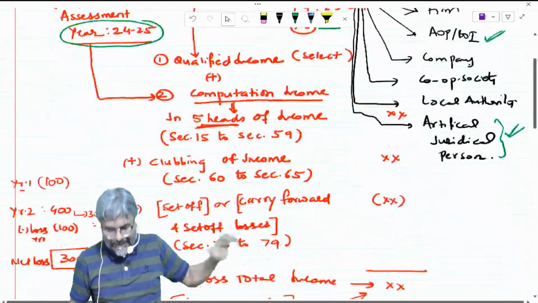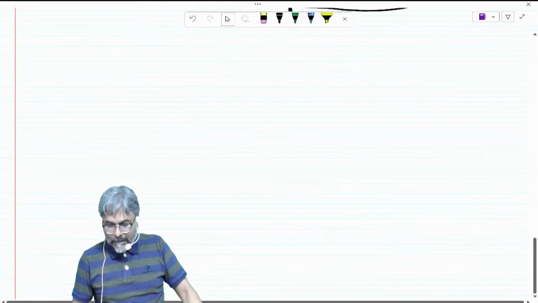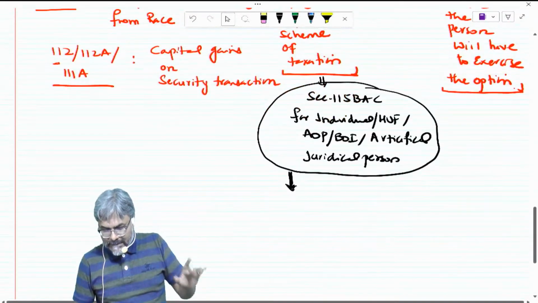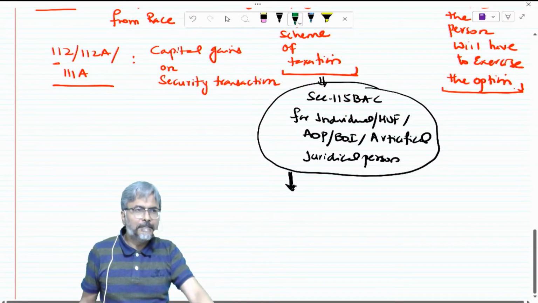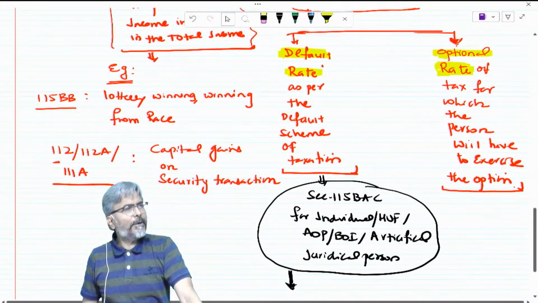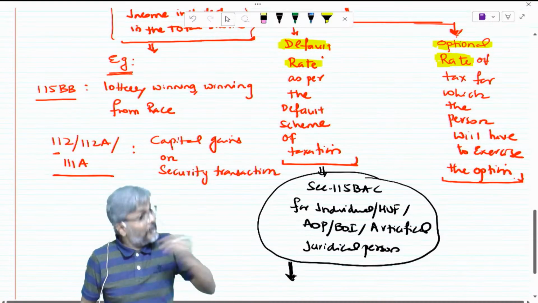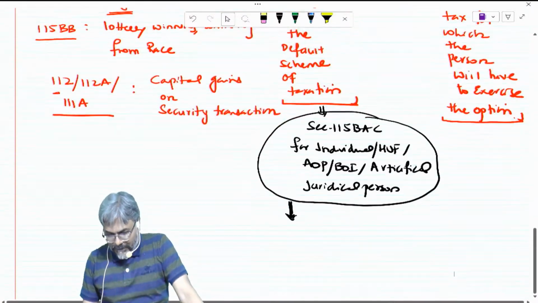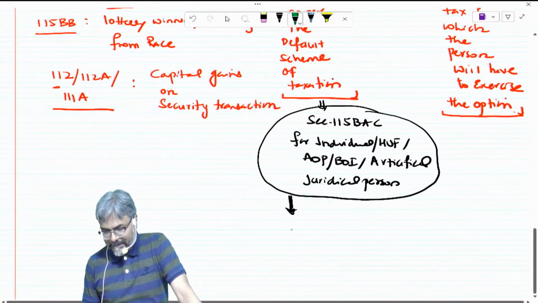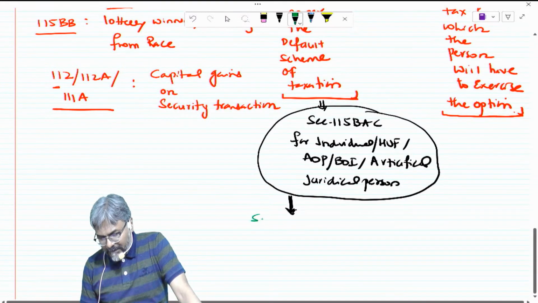You say, but what is the rate? I'll tell you. This 115BAC, the default rate. Now, what is this default rate? Means by default it is there. So here I will say herein just a brief thing.